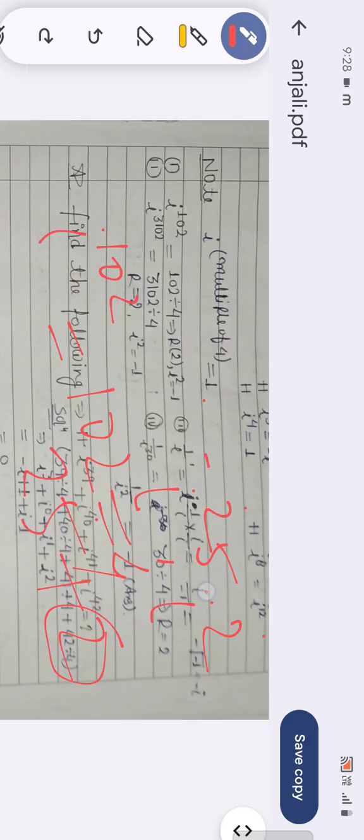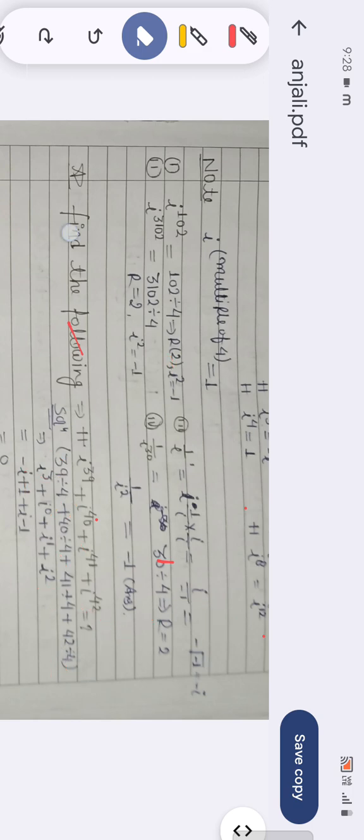The value of iota to the power 100, a multiple of 4, will be 1. And what is the value of iota square? It is minus 1. So the complete value of iota to the power 102 will be minus 1.